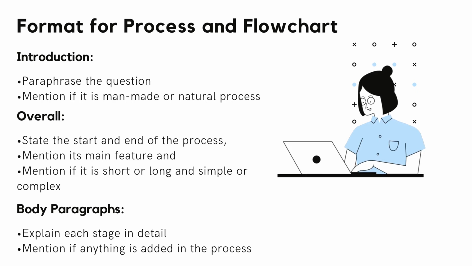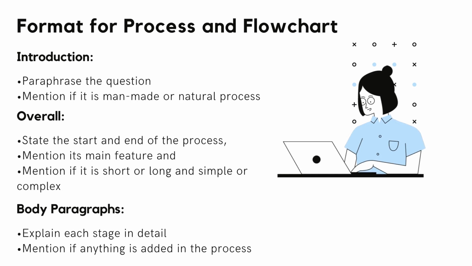That means mention the feature without which the process cannot take place. And lastly, mention if it is short or long and simple or complex. Here, a process with 5 or fewer steps is short, and with more than that, it is long.